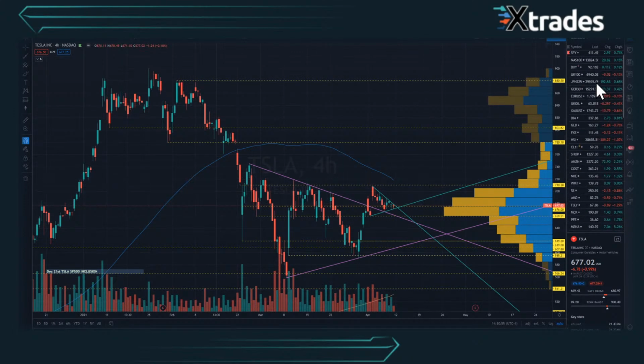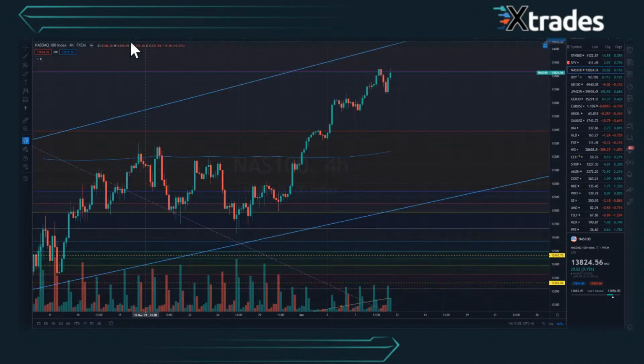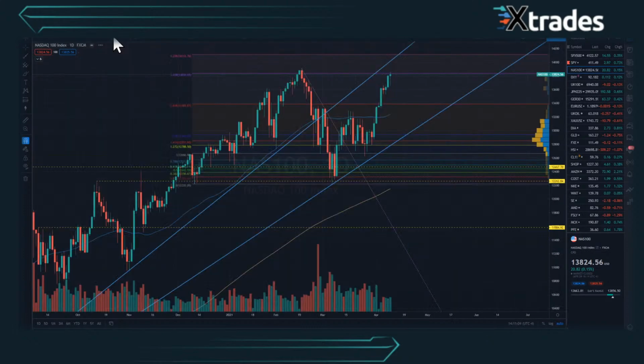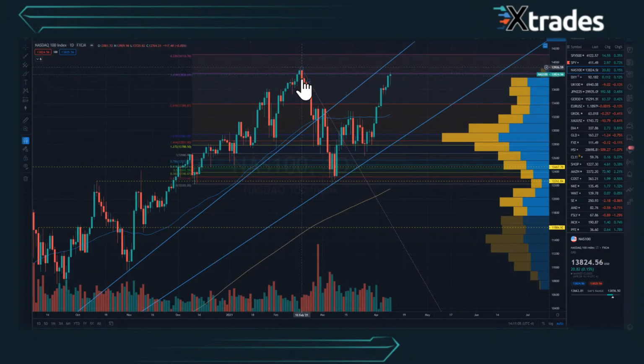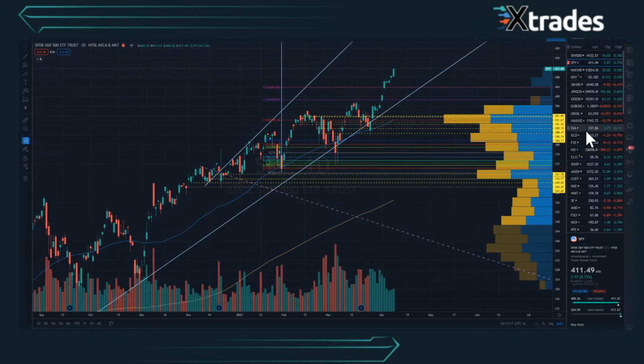You see the rest of the market has been moving up a lot lately. Right, I think Nasdaq is back to near all-time highs, right? Yeah, we're almost at all-time highs for Nasdaq again, just barely off the top. SPY is, I mean, it's at all-time high, right? It's just moving up.